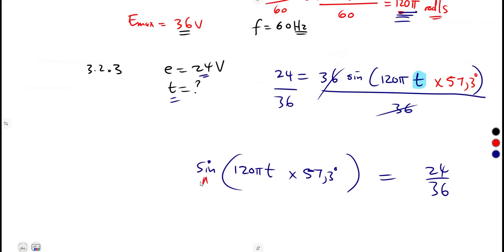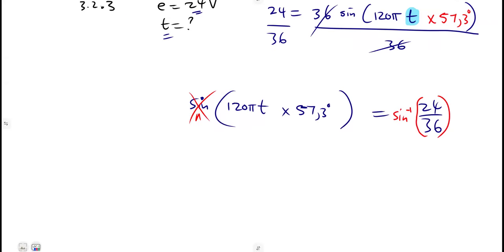So I need to get rid of the sine. To get rid of this sine, I'm going to write this side as arc sine. So on your calculator, shift sine, you press that, arc sine of that. It was going to give us 120 pi t times 57.3.